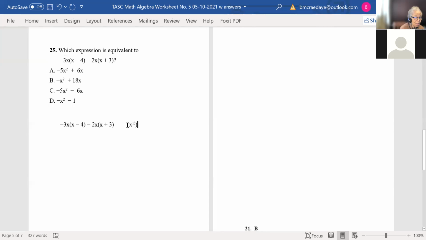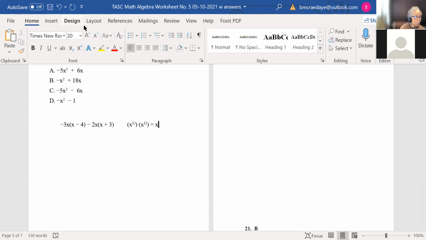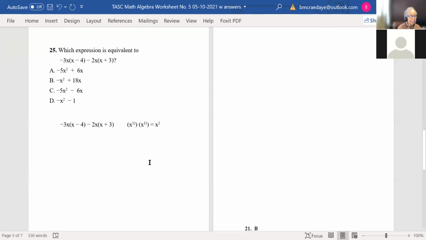I want you to multiply this out. Tell me what you get. X to the 1 times x to the 1. Add the exponents. What's that equal to, Maureen? 2. X to the 2, right? Because you add 1 plus 1 is 2. So this exponent would then be a 2. X times x is x squared. Add the exponents. 1 plus 1 is 2.